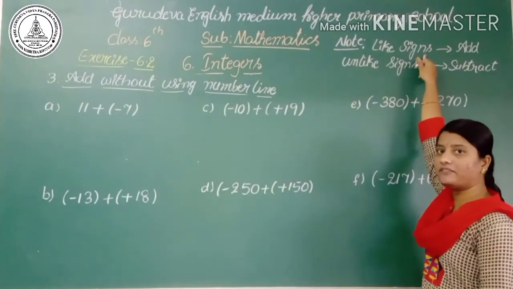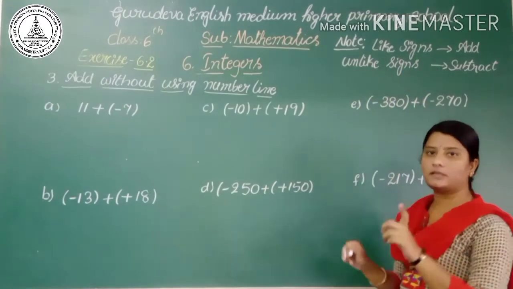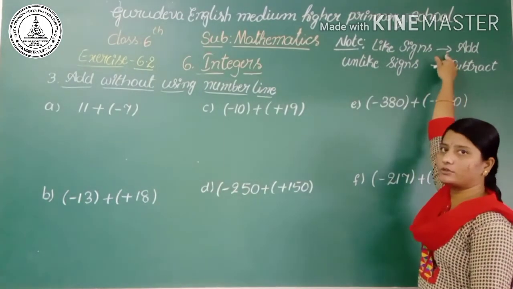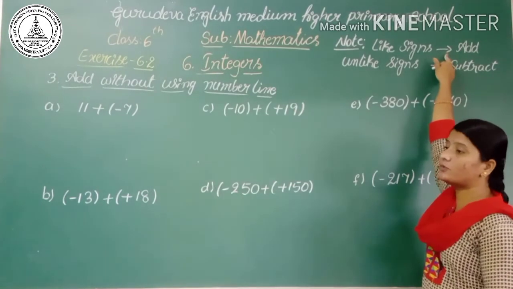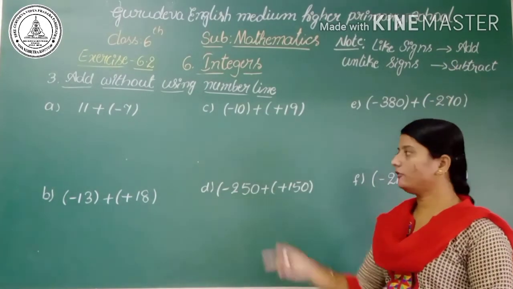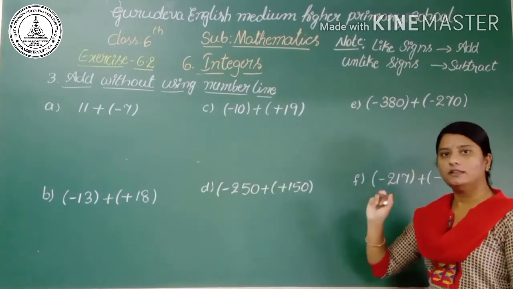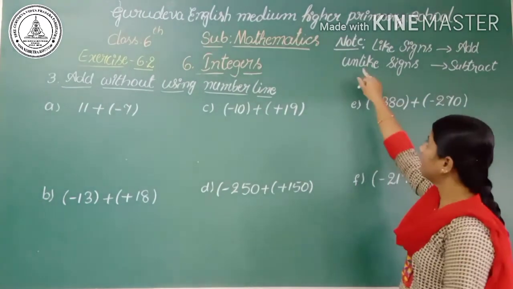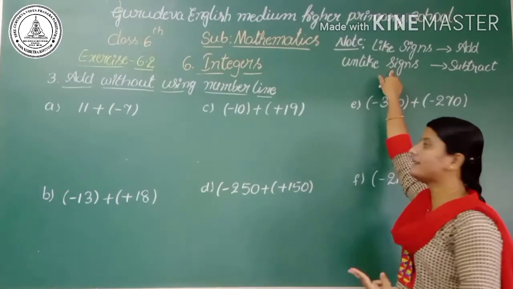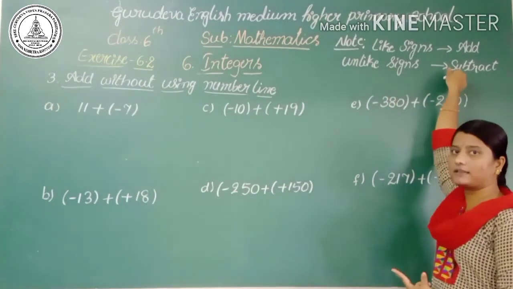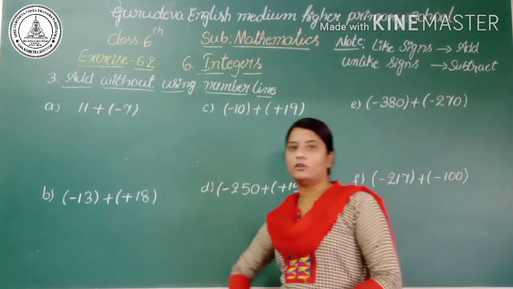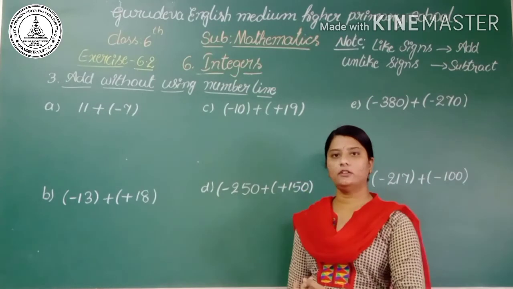If the integers have like signs, like plus plus or minus minus, we have to add those two integers, and at last, the sign of the integer having the greater value we keep as the prefix of the sum. Then the second one is unlike signs. If the two integers have unlike signs, we have to subtract those integers, and at last we keep the sign of the greater value.